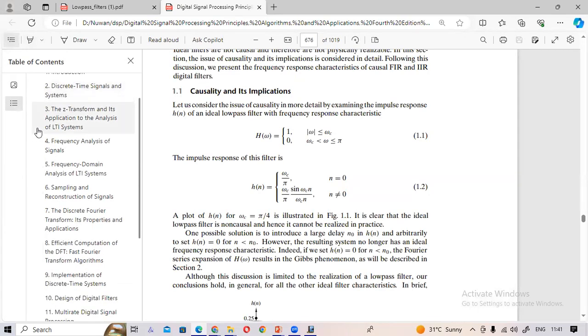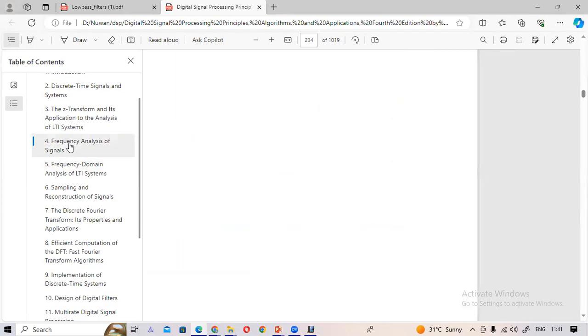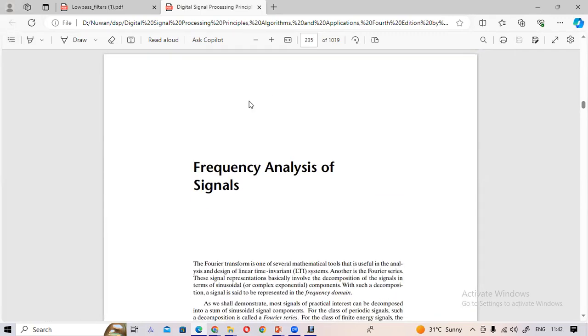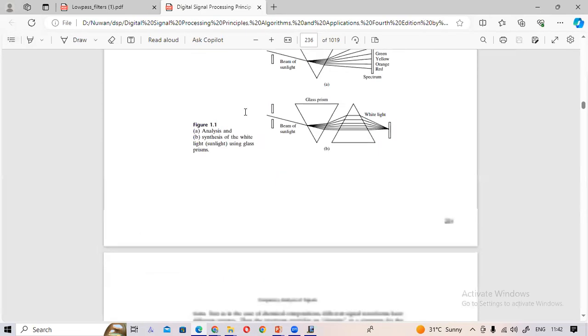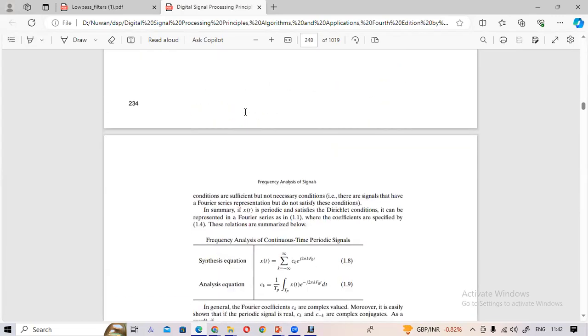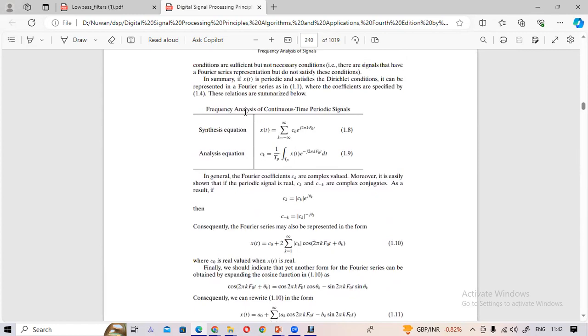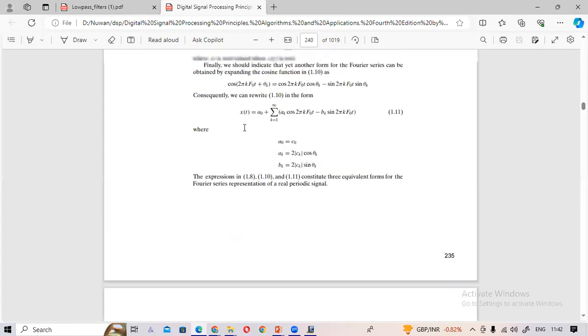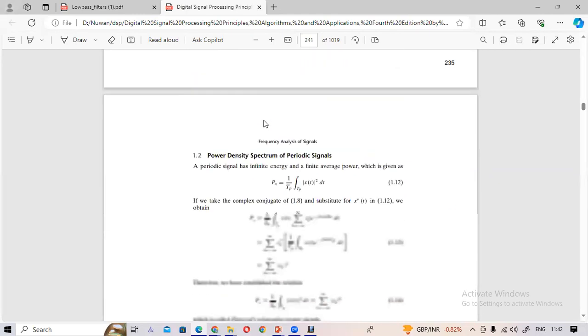And in frequency domain analysis of LTI systems, frequency analysis of signals, we have learned the Fourier transform. Maybe you can remember. This is for continuous time. This is the Fourier series for continuous time.